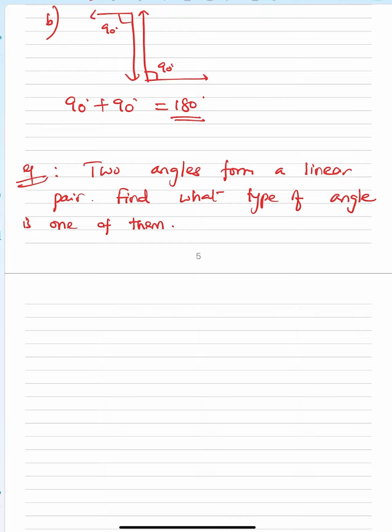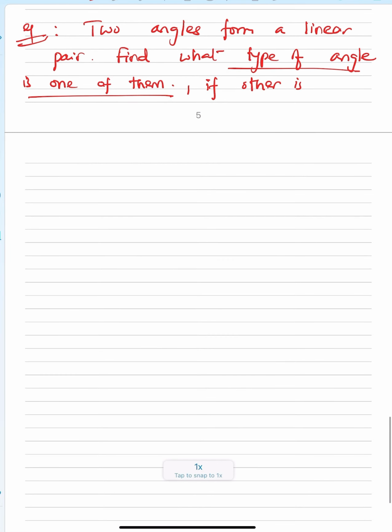And the meaning of this is, if the other is an acute angle, a right angle or an obtuse angle, that we have to find. See, what of the angle is one of them if the other given angle is, say, obtuse.